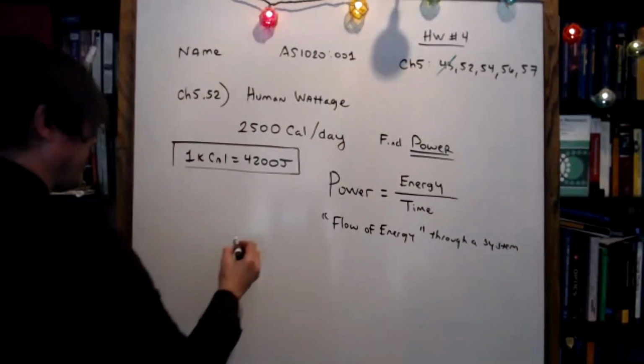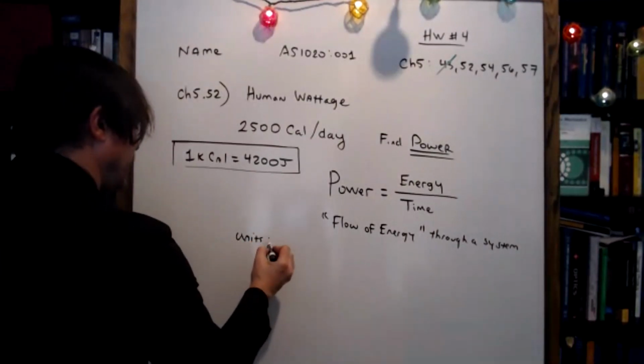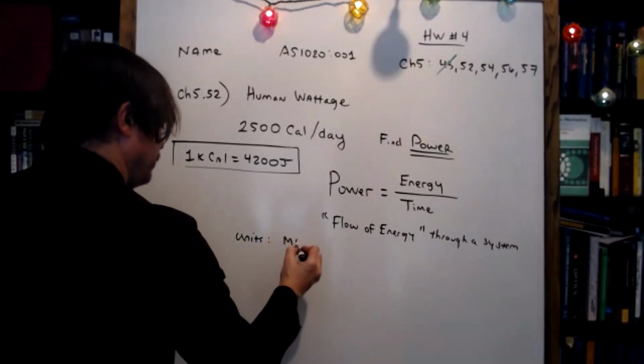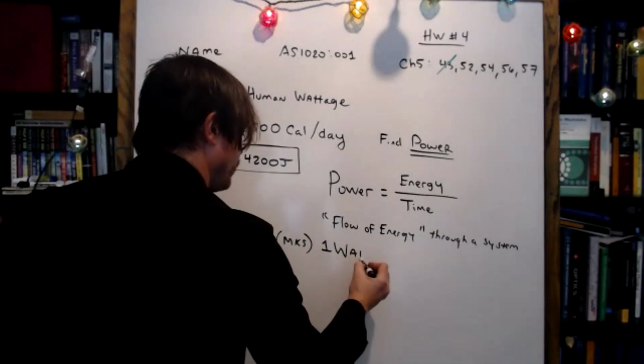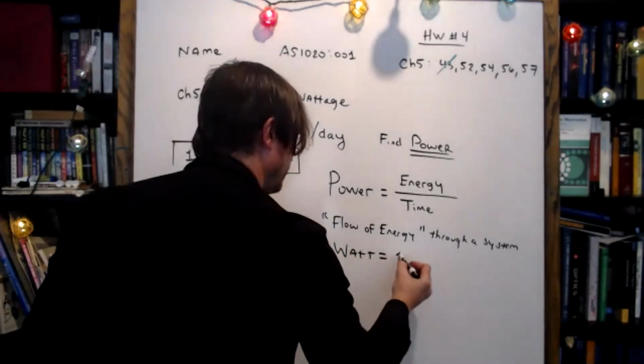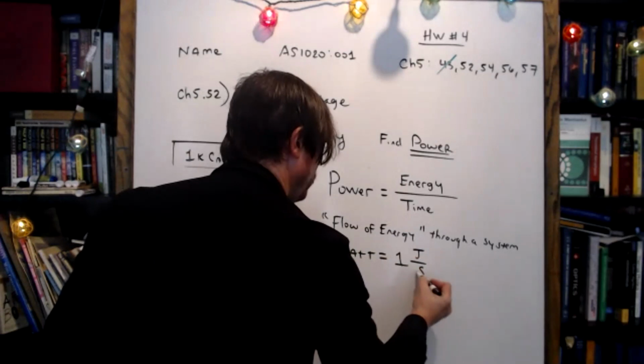The units of power in the MKS system are the watt. 1 watt is equal to 1 joule per second.